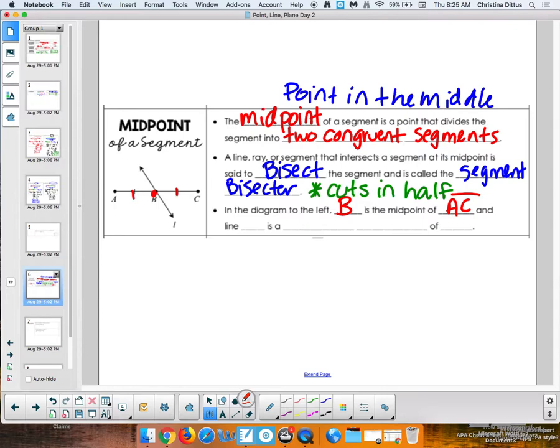This line L that comes through like that is a segment bisector of my line AC.